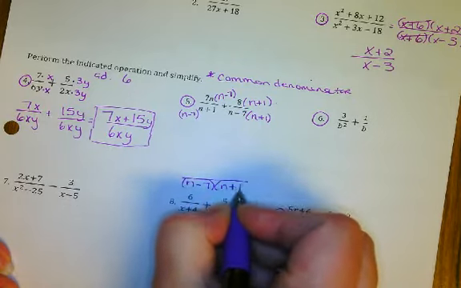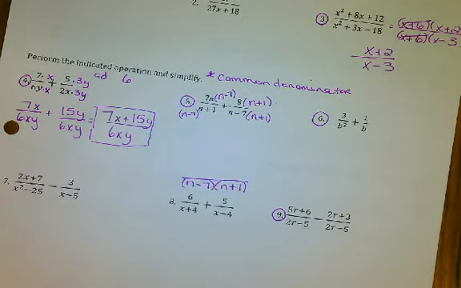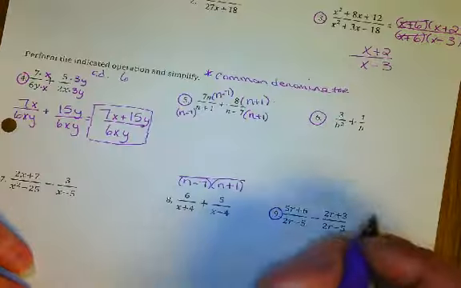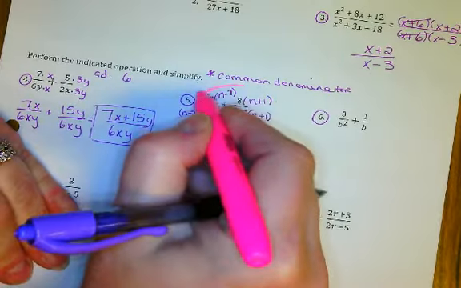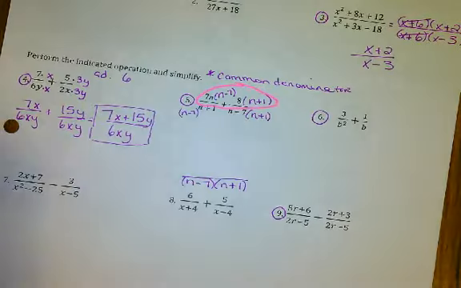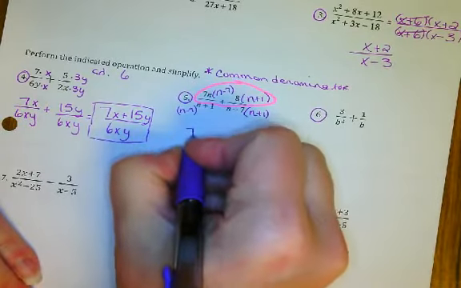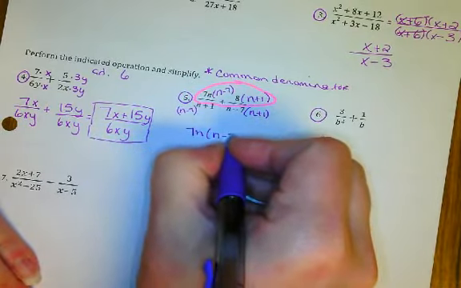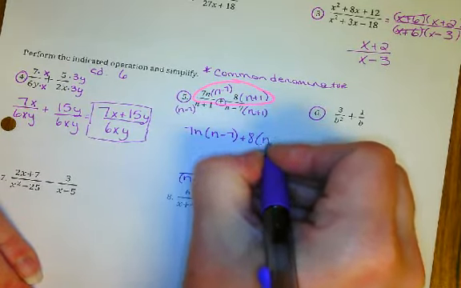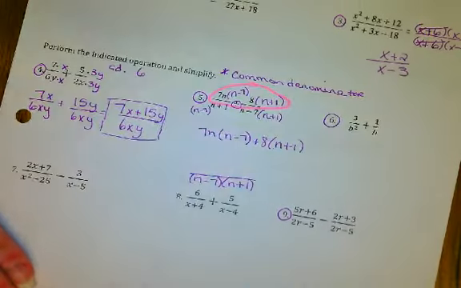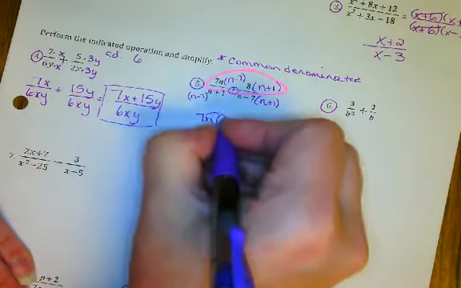And then I'm only going to focus on the numerator right now. So I'm only focusing on this part right here. I'm going to write out 7n times n minus 7 plus 8n plus 1. And then I'm just going to start distributing.